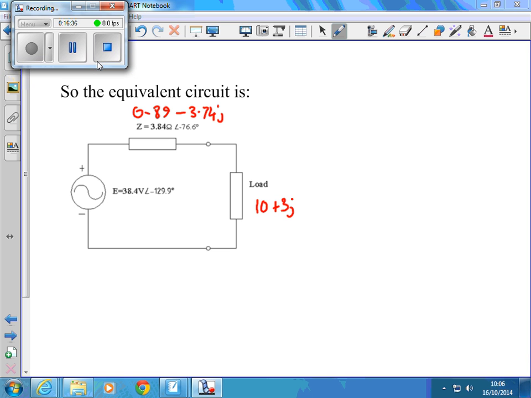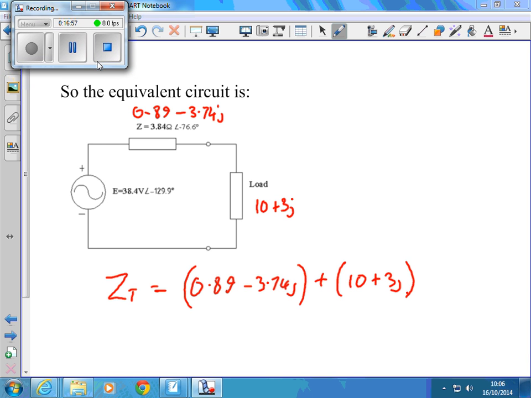So what we're looking for now is just simply the total impedance of this circuit, 0.89 minus 3.74J, and add that to 10 plus 3J. I'm sure someone's done it. That comes out to, must be 10.89 minus 0.74J ohms.